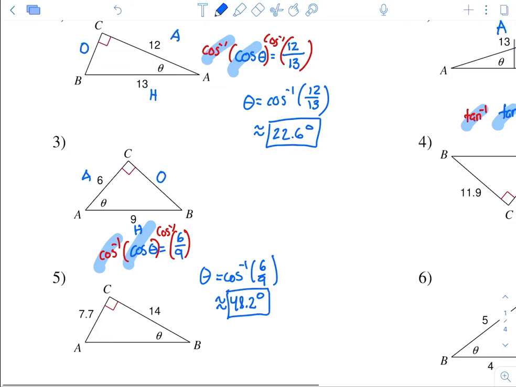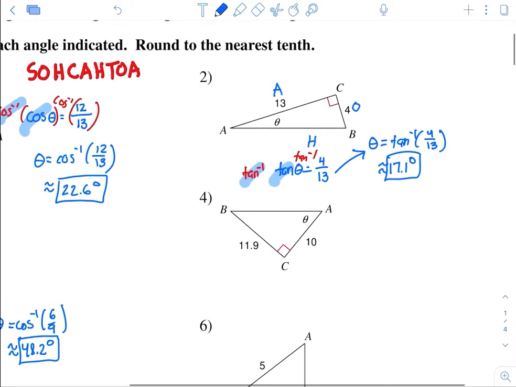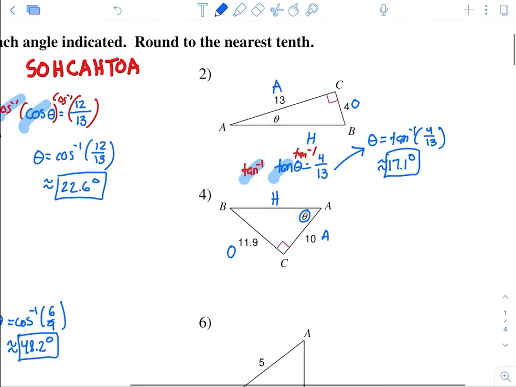Okay. Number 4. In the perspective of this angle, this side is opposite, this side is adjacent, and this side is hypotenuse. There's information at O and A, so we're going to be using tangent. Tan of theta is equal to opposite over adjacent.